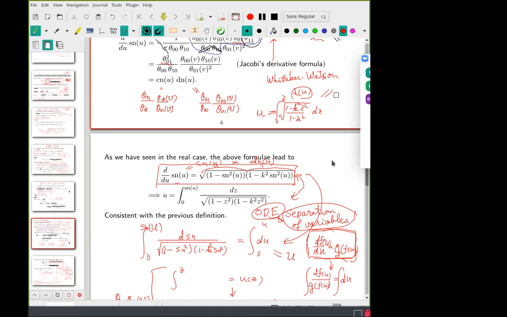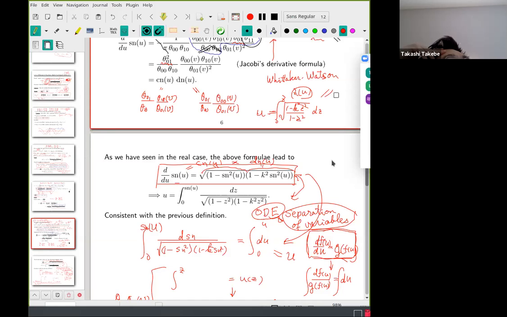Usually in the textbooks of elliptic functions, this is somehow neglected. Theoretically it's possible to write down some explicit form, but honestly speaking, I don't remember.